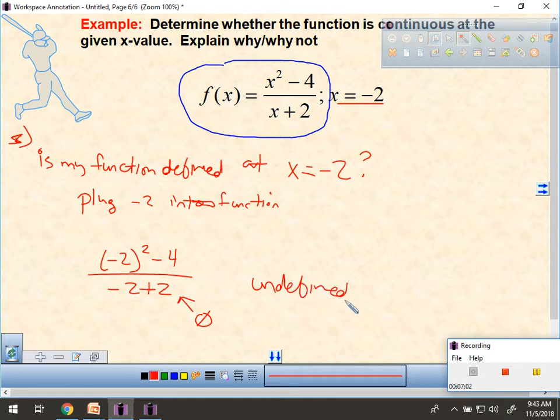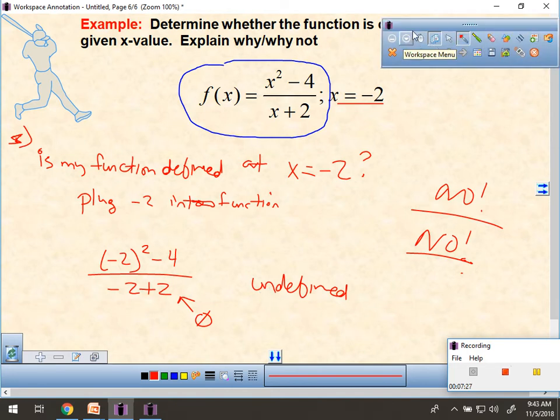So is my function defined? No. So is my function continuous? No, right? So you don't have to go any further. So my function is actually not continuous because my function is not defined at x equals -2. That's as difficult as I'm going to take it for this lesson. So simply plugging in -2 in this case and seeing whether or not your function is defined. In that case, it was not defined.